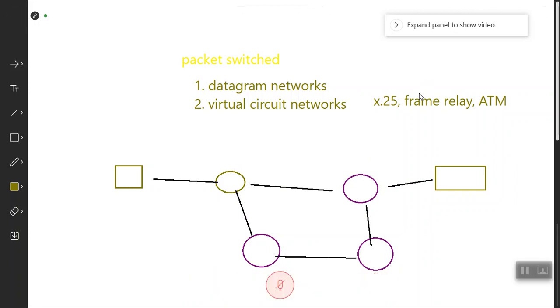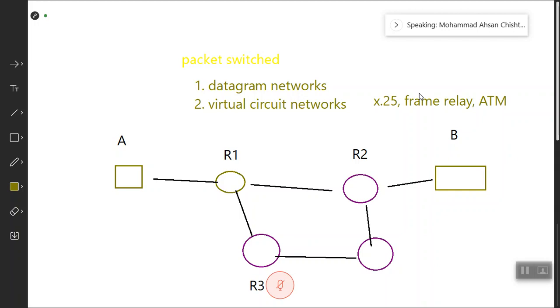I will name this A, and this B, that is the destination. In between I have routers R1, R2, R3 and R4.